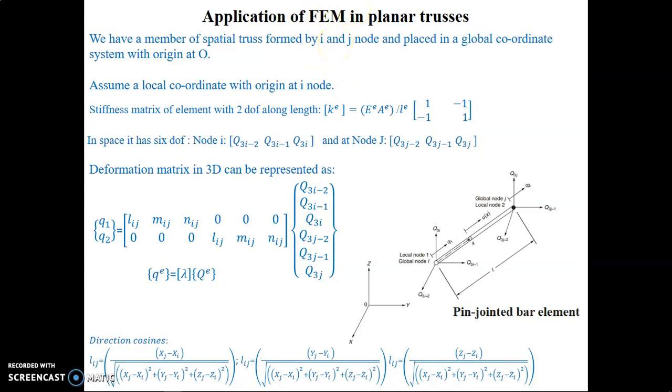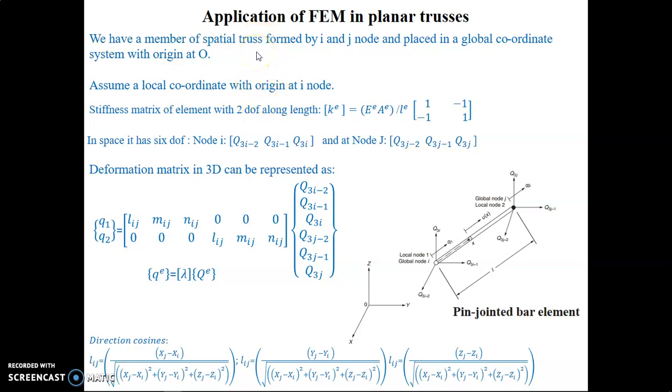In this case, we will be using the direct method to obtain the elemental equations for each and every member of the truss. Then we will be compiling all these elemental equations into a global system of equations by performing the assembly procedure.